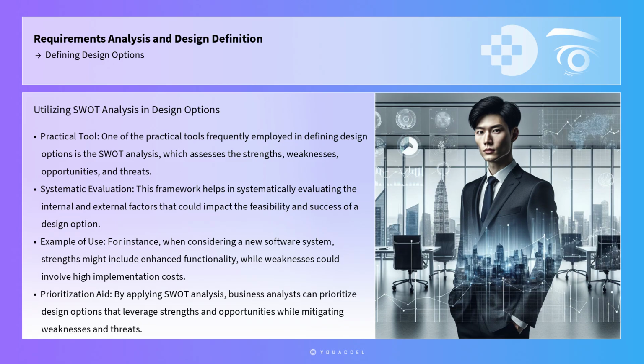For instance, when considering a new software system, strengths might include enhanced functionality and user experience, while weaknesses could involve high implementation costs. Opportunities might encompass market expansion, whereas threats could involve competitive responses or technological obsolescence. By applying SWOT analysis, business analysts can prioritize design options that leverage strengths and opportunities while mitigating weaknesses and threats.